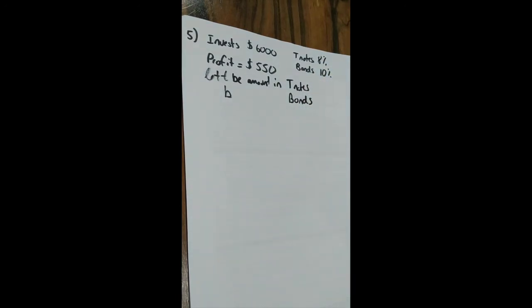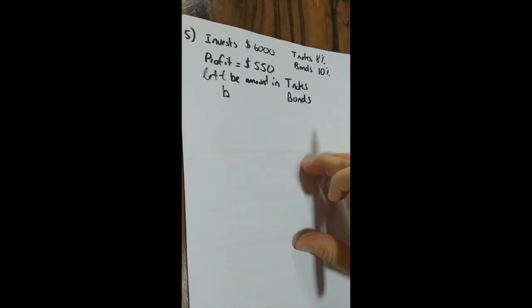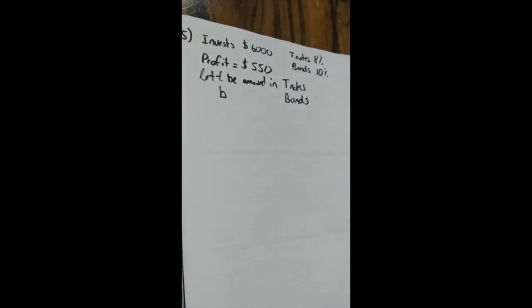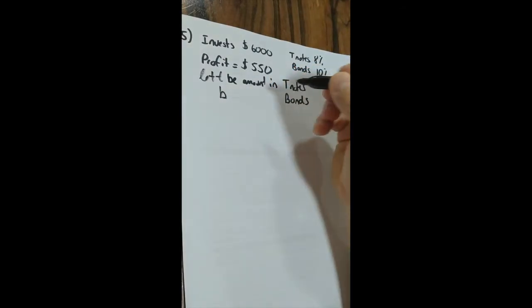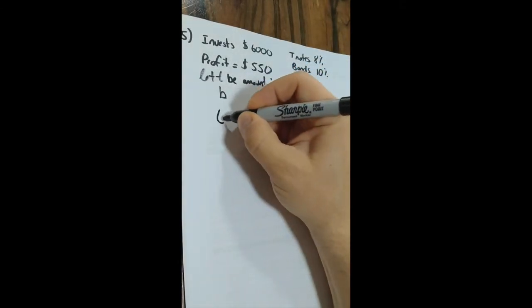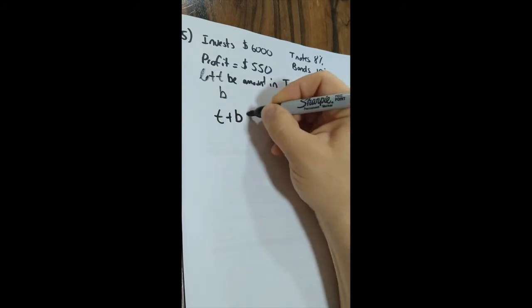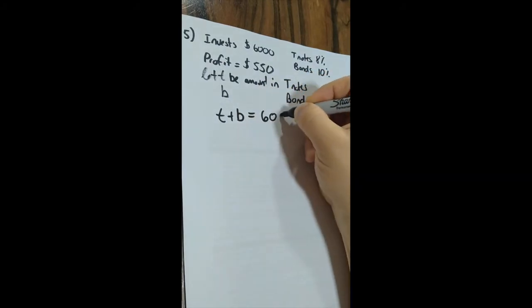Now we know that the total amount invested is 6,000. So if we invest a certain amount T and a certain amount B together, it will be 6,000. So our first equation is T plus B equals 6,000.